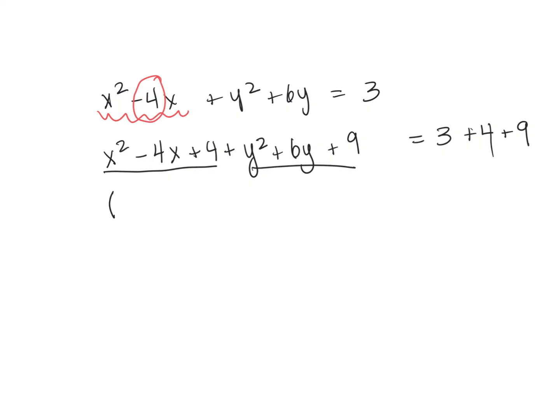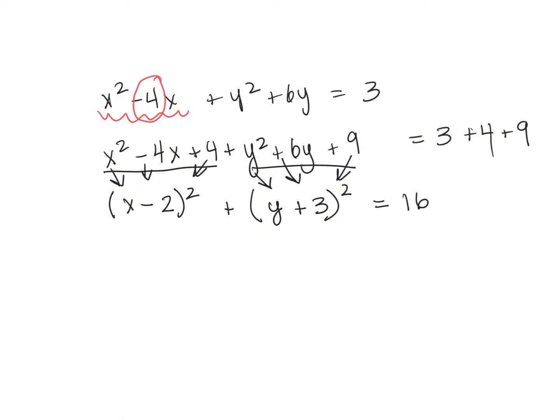So this is going to be the square root of this, the sign from here, the square root of this, squared. One more time, the square root of this, the sign from here, the square root of this, squared, equals 7 plus 9, which is 16.